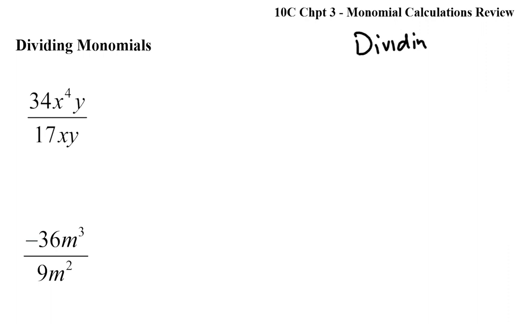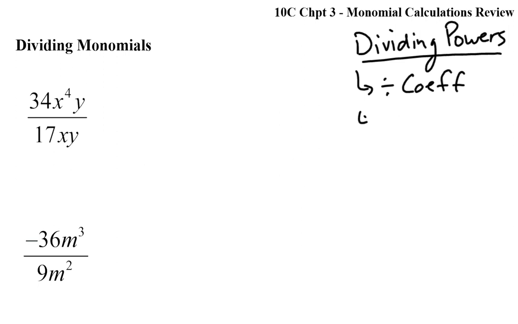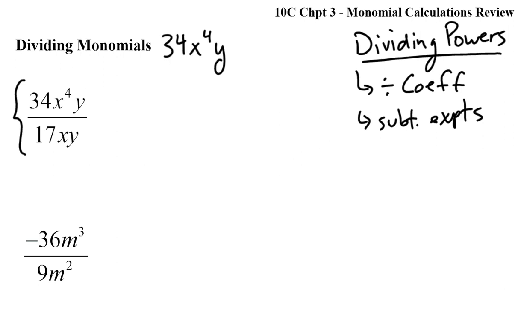Because they're monomials, we could argue they're kind of like powers with coefficients. What do we do? We divide the coefficients and we subtract exponents on like bases. This question here could have started as 34x^4y divided by 17xy. However, I like writing them in fractional form because then it's nice and easy to have things lined up.